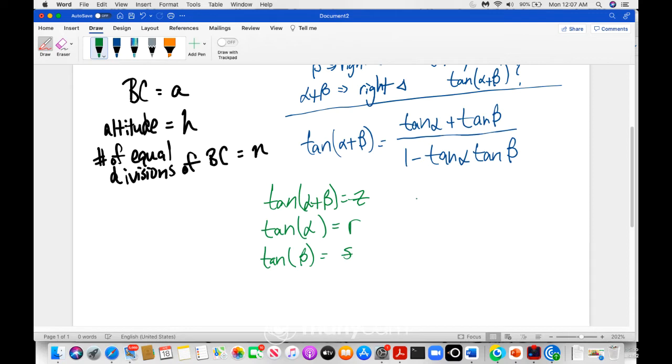But the point is that z equals r plus s divided by 1 minus r times s, and we're trying to solve for tangent of alpha, which is r. So we're just trying to solve for r. The first step is I would multiply by the 1 minus rs on both sides.